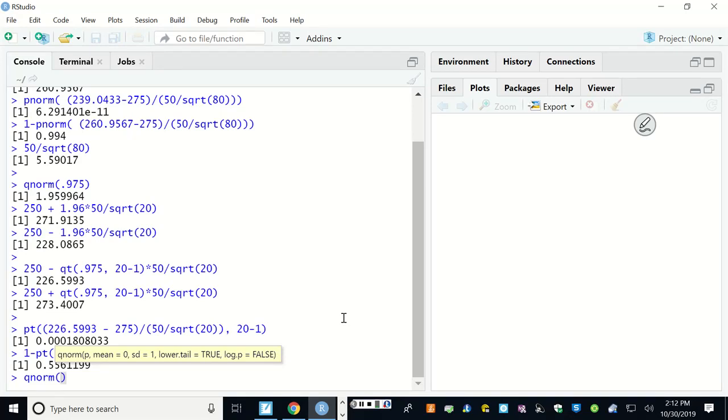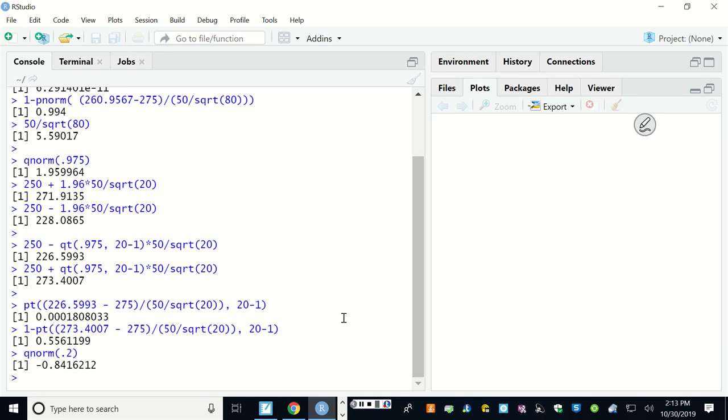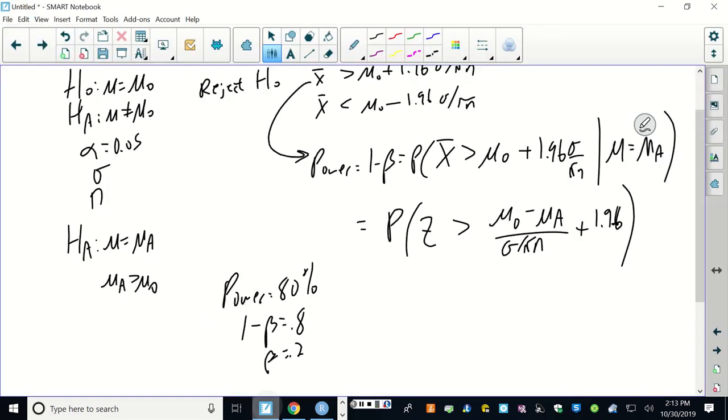So we want 80% above. If we look at the 20% point, that is the key. So in this calculation, we want a z value greater than negative 0.8416. So this says z must be greater than negative 0.8416. If we set this equal to negative 0.8416, you can solve for n.